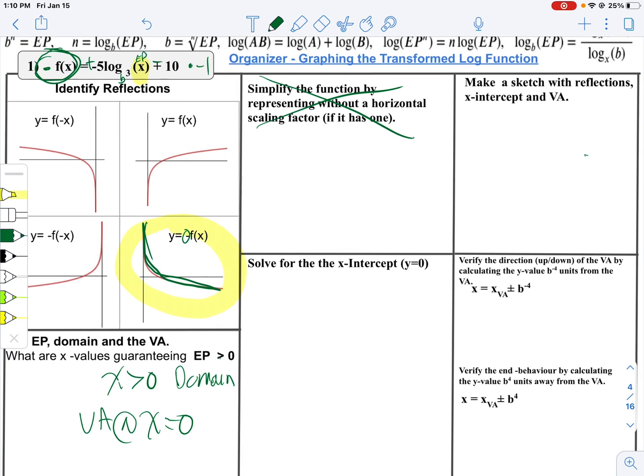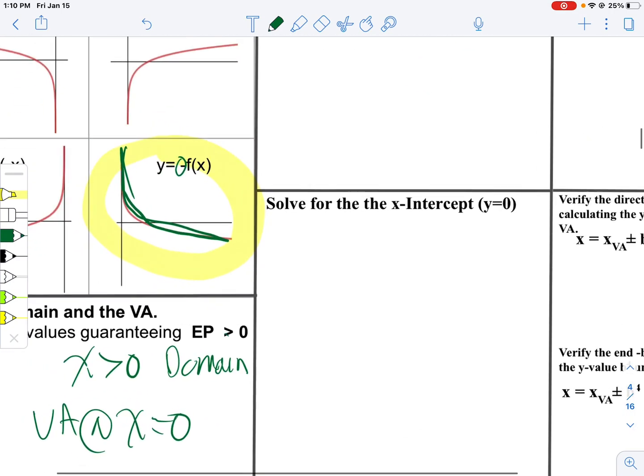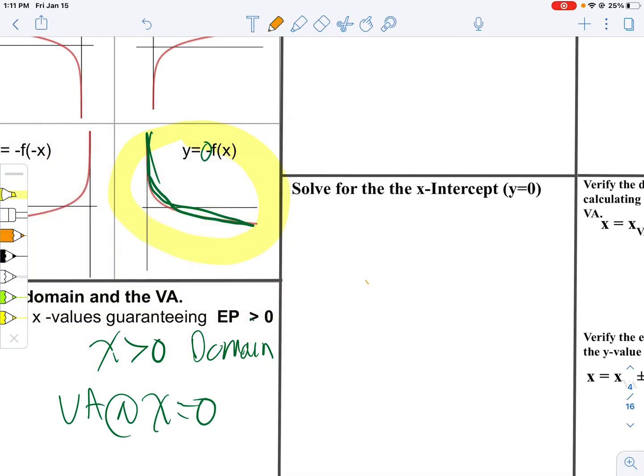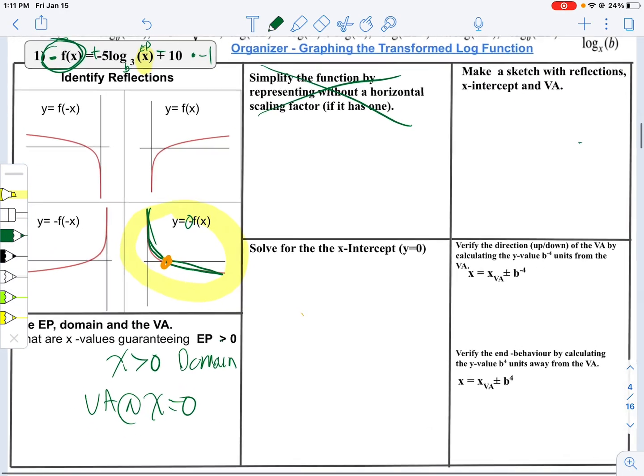Now we have to solve for the x-intercept. How do we get the x-intercept? Well, we know the y value is always 0 at the x-intercept. I can go back to this diagram, and the x-intercept is going to be right there. But let's actually solve for that algebraically.